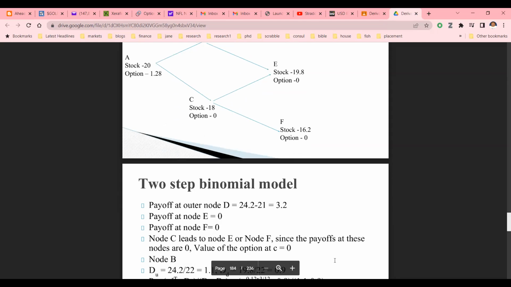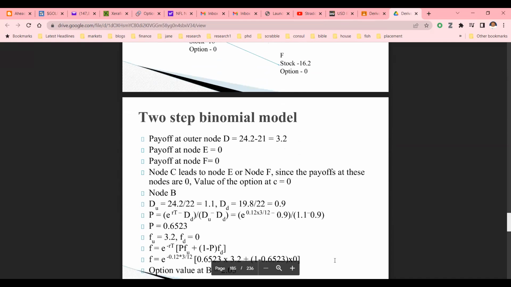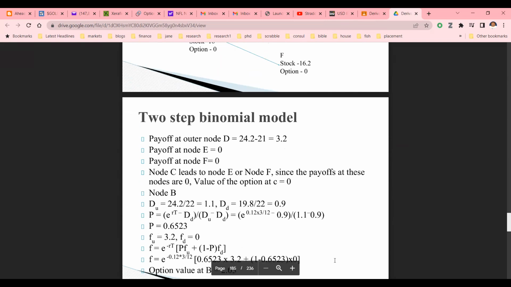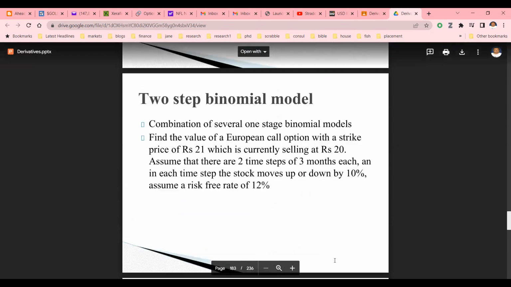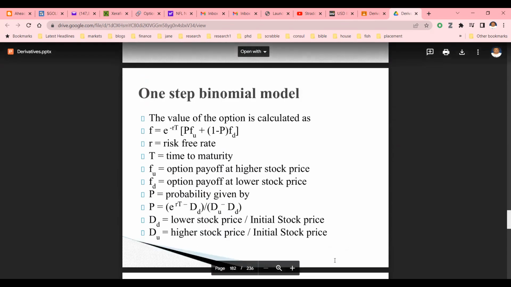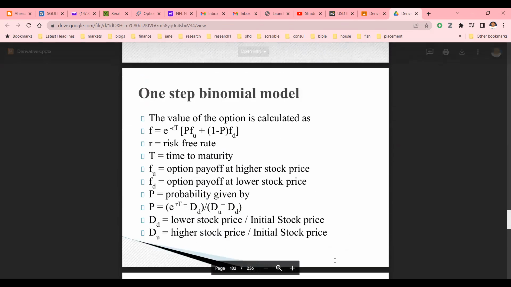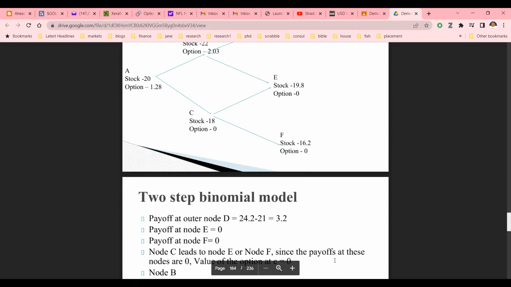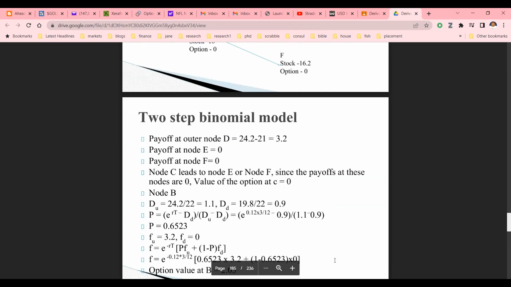Just logically understand. So now we will use the formula. Don't worry about the exact formula. We will use the same formula which I displayed here. First, we will have to calculate DD and DU. We don't have to calculate, it's given from the option prices.